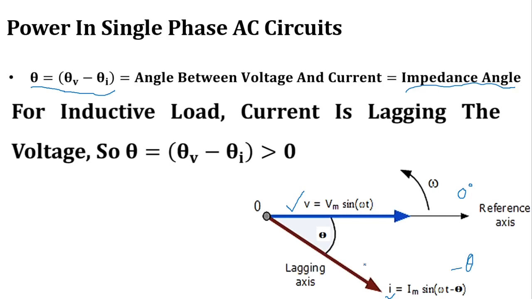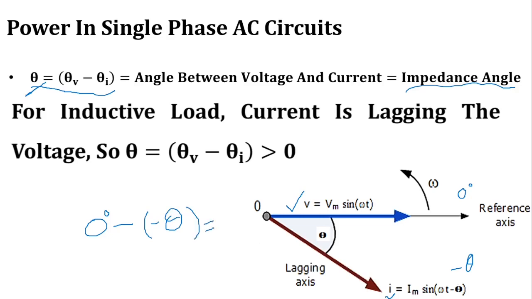So according to this formula, the total angle θ is equal to θV minus θI. I will take θV, the angle of voltage, which is equal to 0 degree, minus, from the formula, the current angle, which is minus θ, so I can write minus of minus θ.